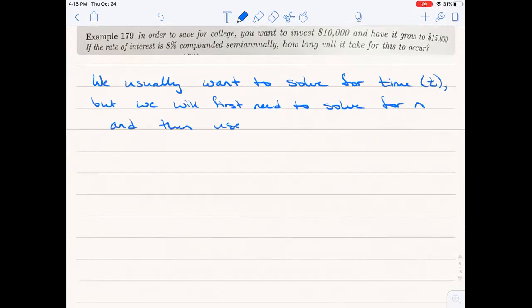And then use n is time times the frequency. Because now we'll know n, and we'll know the frequency just from the question, we'll be able to solve for time. n is time times the frequency to solve for time.